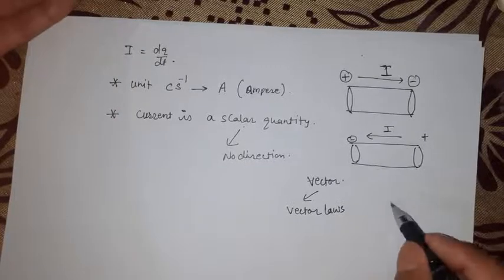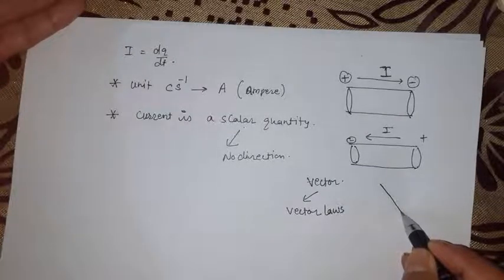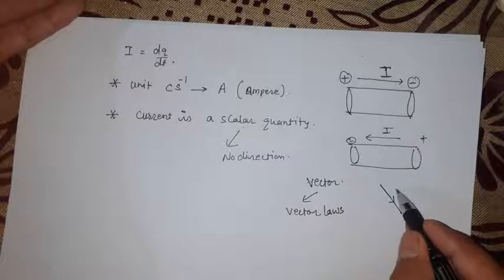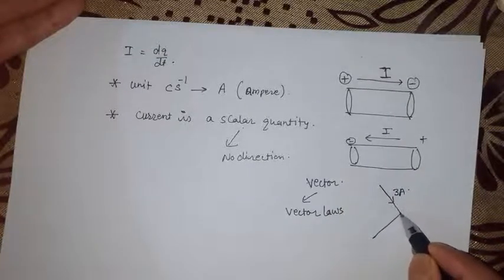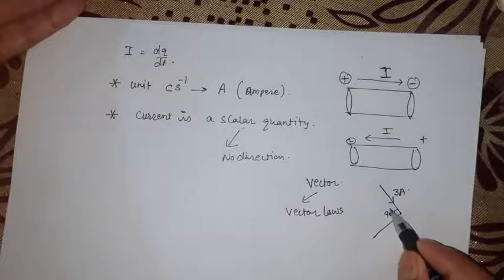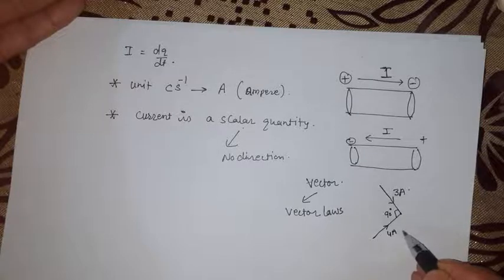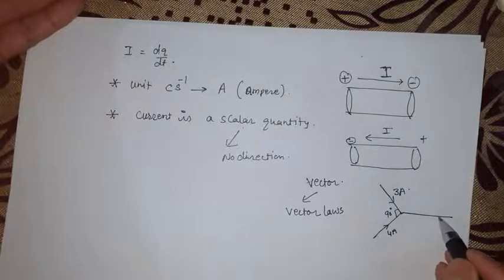For example, if through this arm a current of 3 ampere comes, and from here, at right angle to this, there is another conductor with 4 ampere of current flowing, and from there a single conductor moves out, what will be the current passing through it?